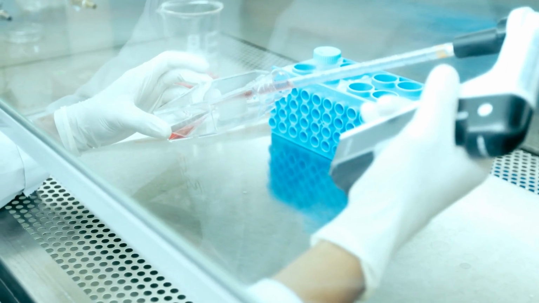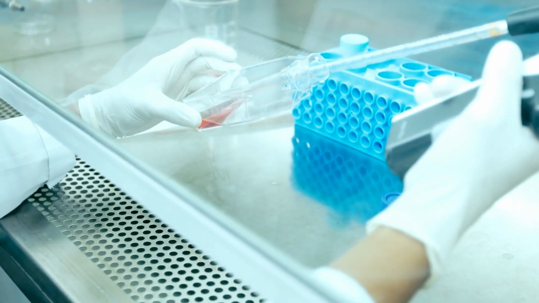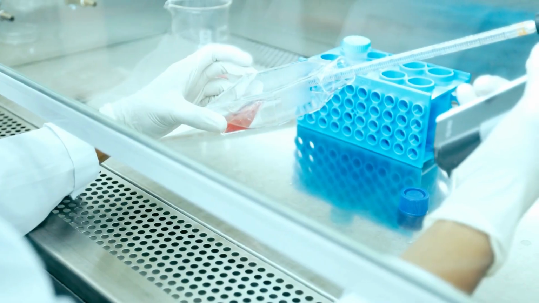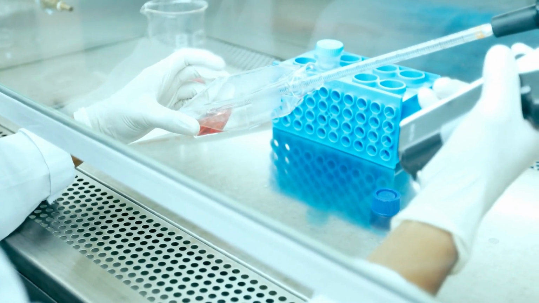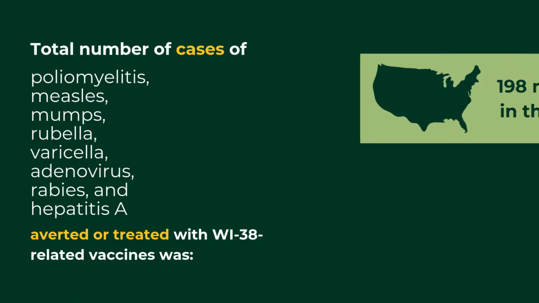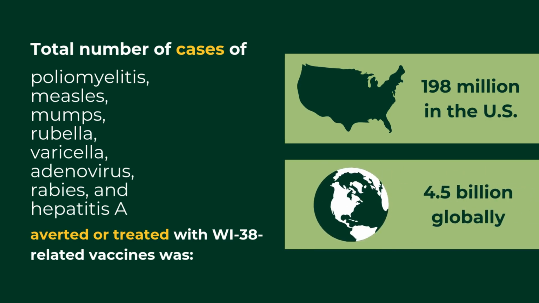In fact, researchers have estimated the number of lives saved and morbidity reduction associated with the discovery of the first human cell strain used for the production of licensed human virus vaccines using WI38. The total number of cases of polio, measles, mumps, rubella, varicella, adenovirus, rabies, and hepatitis A averted or treated with WI38-related vaccines was 198 million in the U.S. and 4.5 billion globally.